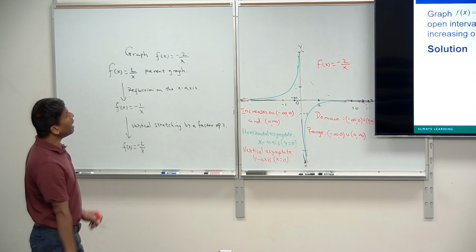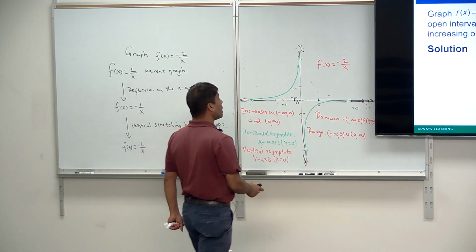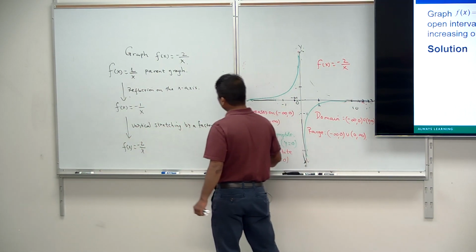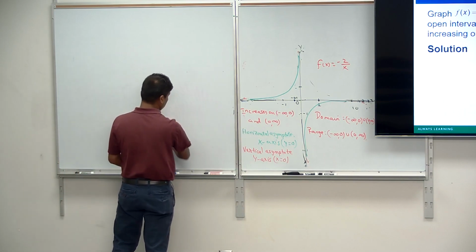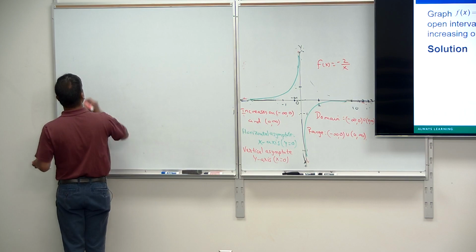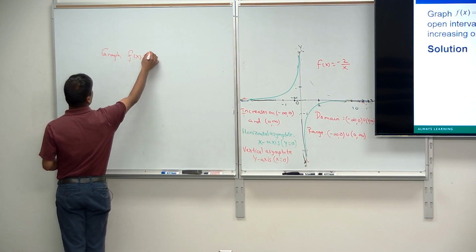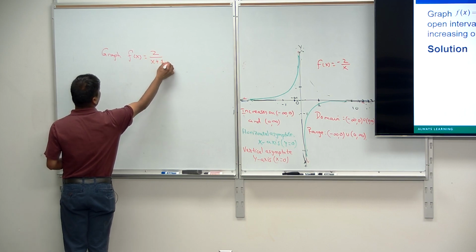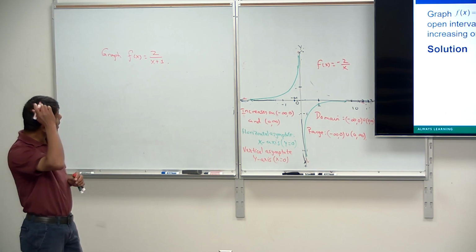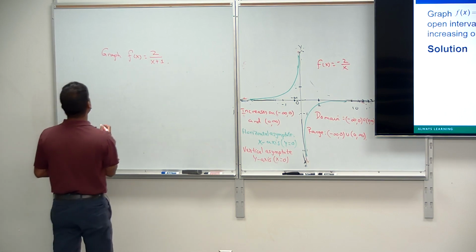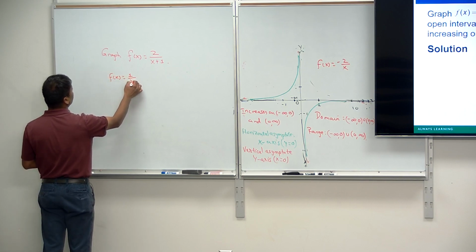Okay. So now you see, if you look at the function f(x) equal to 2 over x plus 1, you have to graph f(x) equal to 2 over x plus 1, right? And remember that the original parent graph, or the basic function, is f(x) equal to what? 1 over x.